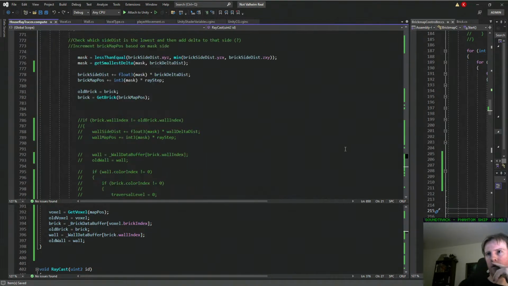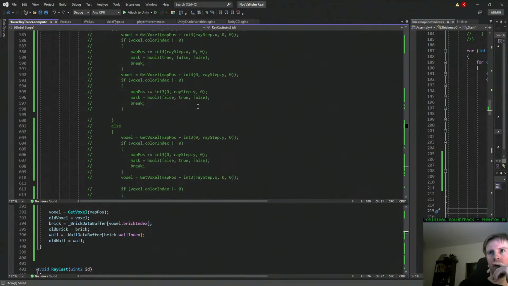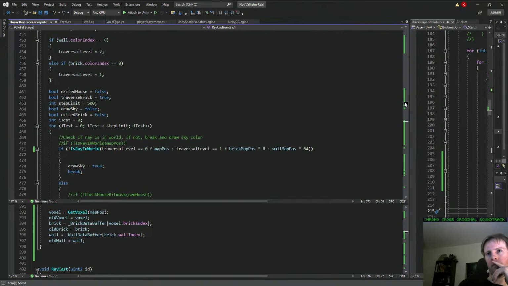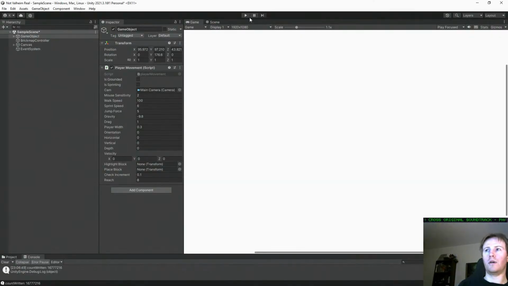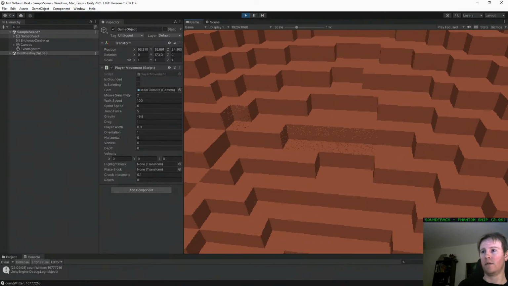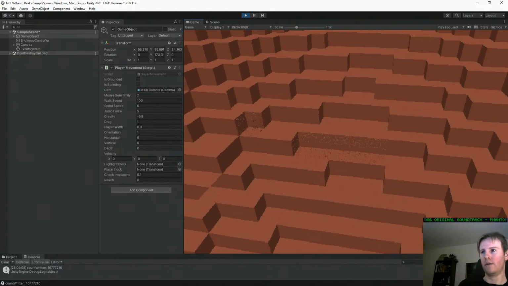Is it still normalized or is it not normal? Let's try changing the normalize. I just don't know if it matters in any way at all. It doesn't seem to do anything. I think it is kind of normalized already.